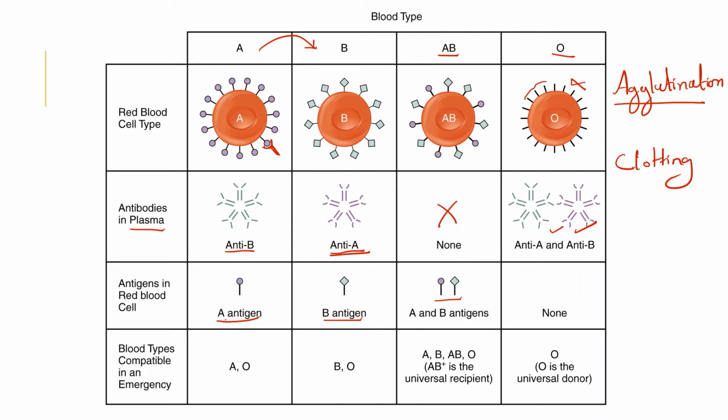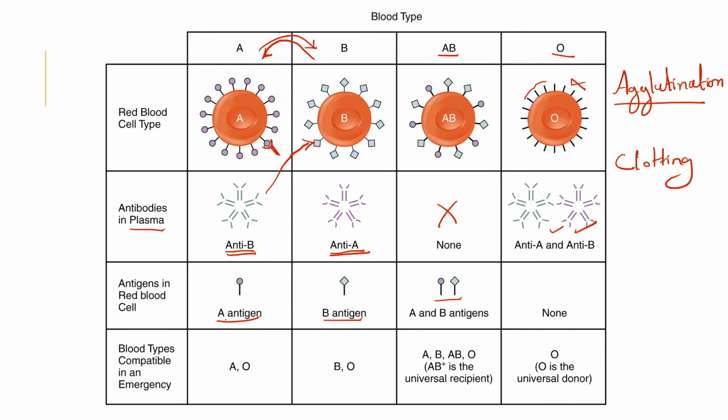Same thing happens vice versa. When a donor of blood group B donates blood mistakenly to a person who has blood group A, the antibody B present in the plasma of the recipient will react with the antigen B present on the RBCs of the donor, leading to agglutination.